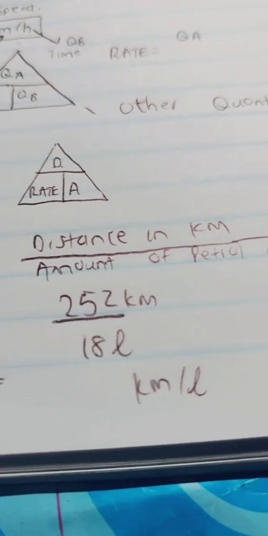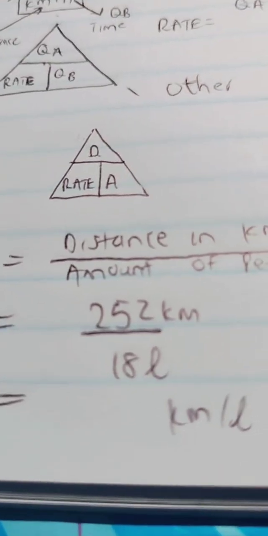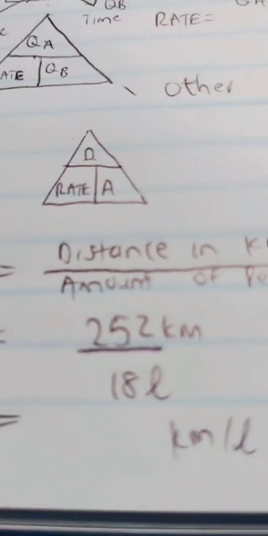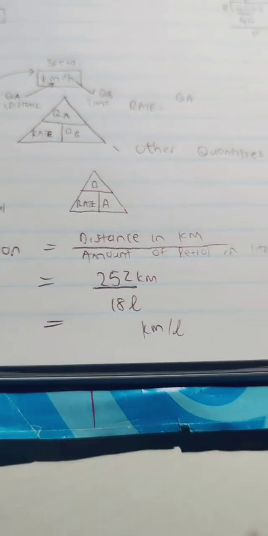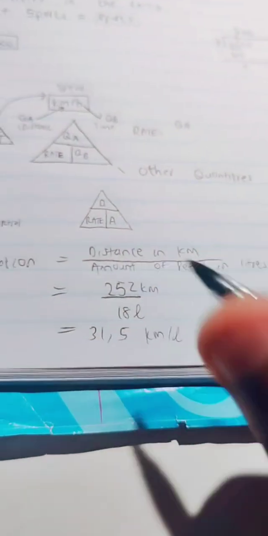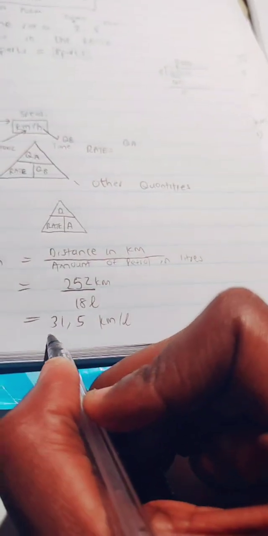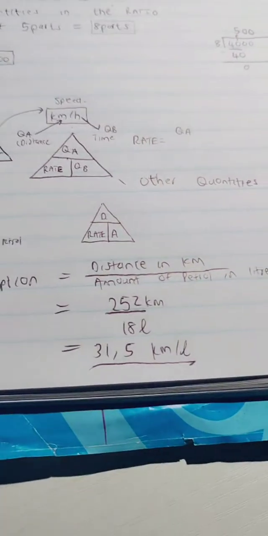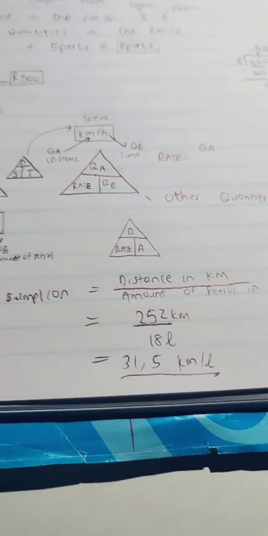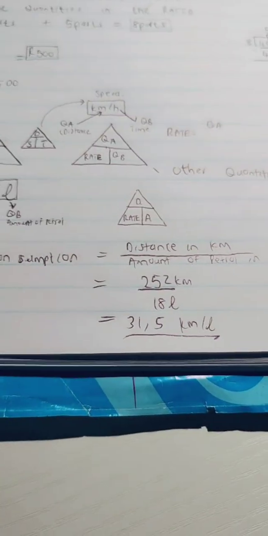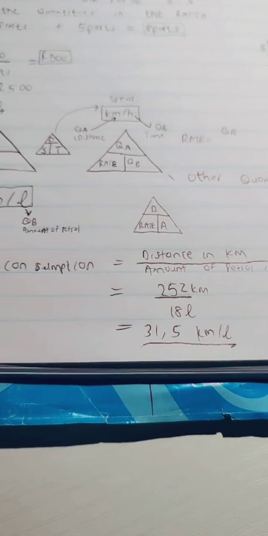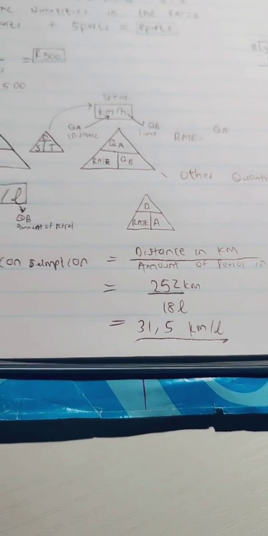Oh, you guys are waiting for me to give myself the answer. Okay, thank you, Oshin. 31.5 kilometers per liter. Guys, I hope we are understanding each other with these questions.